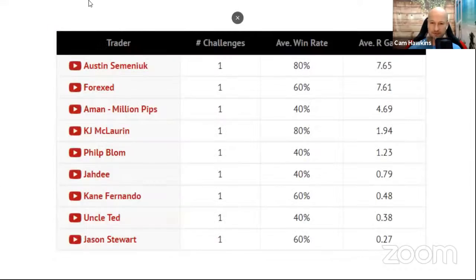Now, this is the old table from the very first challenge. This was done on TradingView, and Austin Semenik took out the top place. You can see here, Philip, I've got your name spelt wrong, as you corrected me not so long ago. We've got an extra I in there. So we've got Philip with 1.23 after the 5 trades.